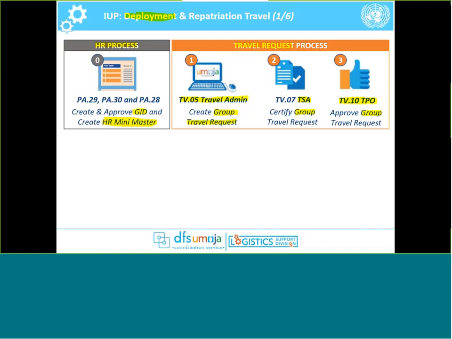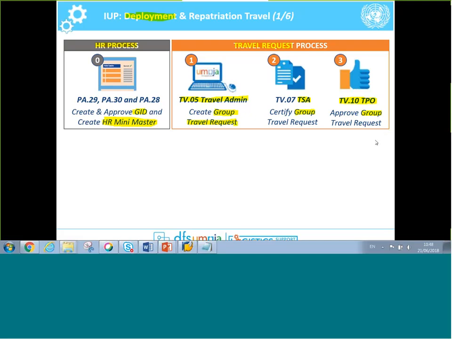Before the TPO approves the group travel request, in the system you will only see the group travel request number. And after the TPO approves the group travel request, the system will generate an individual travel request for each IUP. And remember, here we are talking about deployment and repatriation travel.